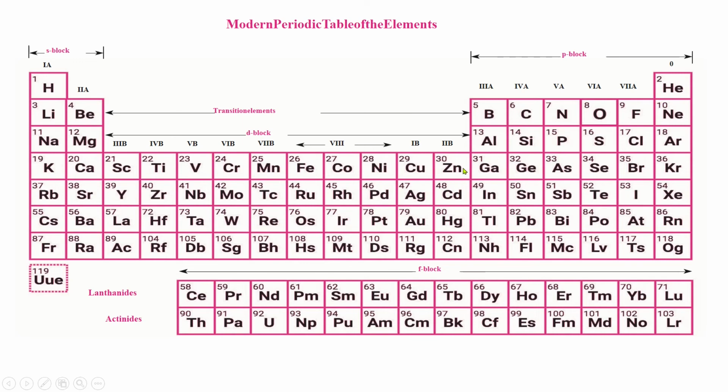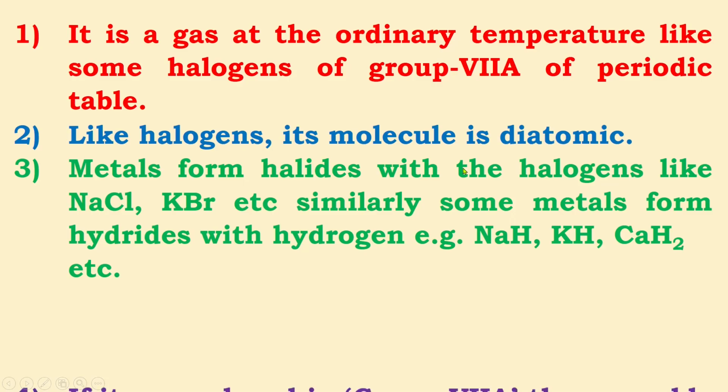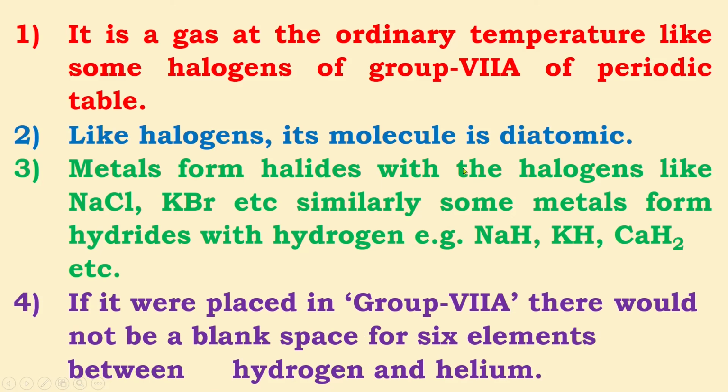So there is another reason: if it were placed in group 7A, there would not be a blank space for 6 elements between hydrogen and helium. These are the points which say that the position of hydrogen in group 1A of the periodic table is not satisfactory. It can be placed in group 7A of the periodic table.